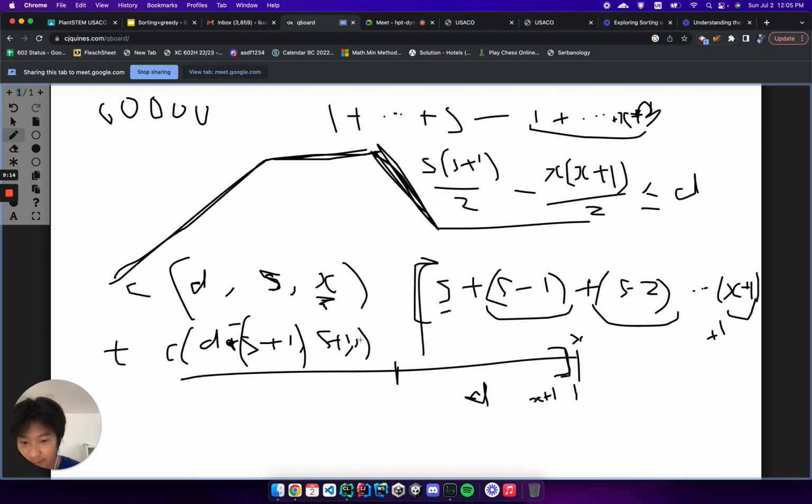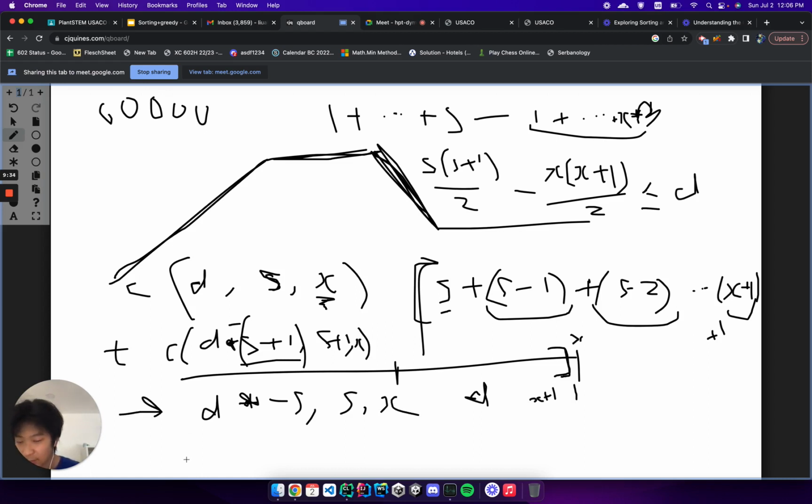If this works, that means we can increment our speed. If this doesn't work, then we try staying at the same speed: d minus s, and then s, and then x. This is essentially staying at the same speed.